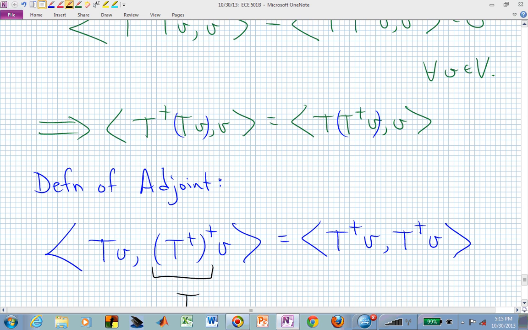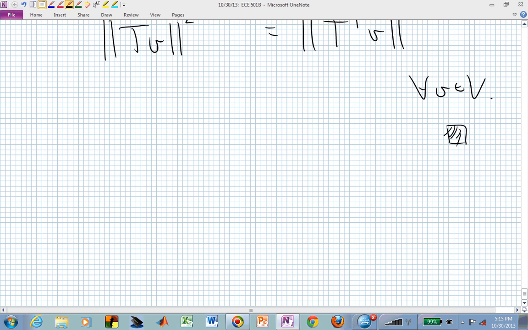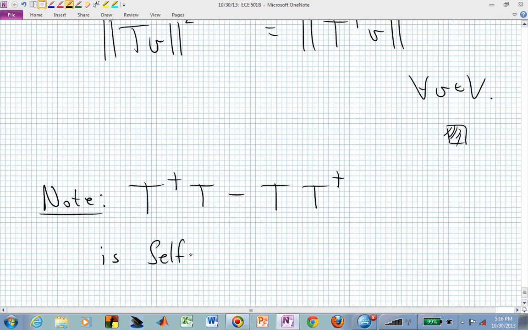Now what I should have you do for an exercise is verify the following: that T dagger T minus T T dagger is self-adjoint.